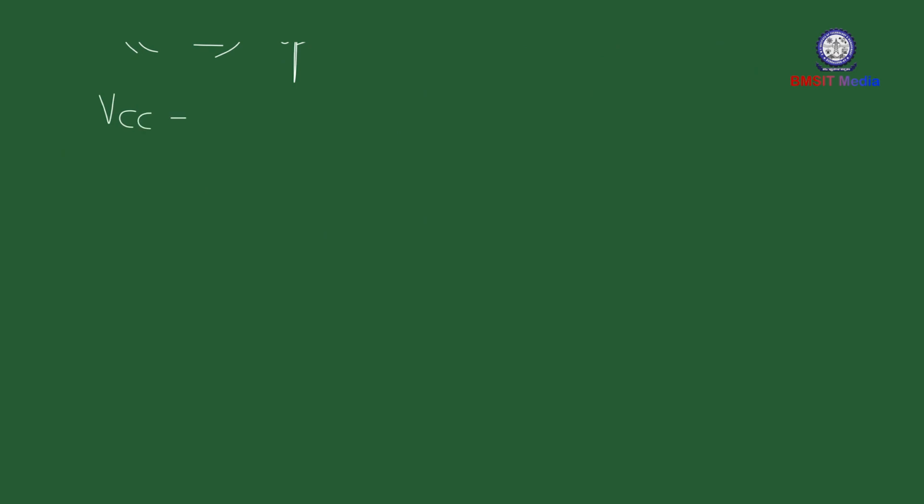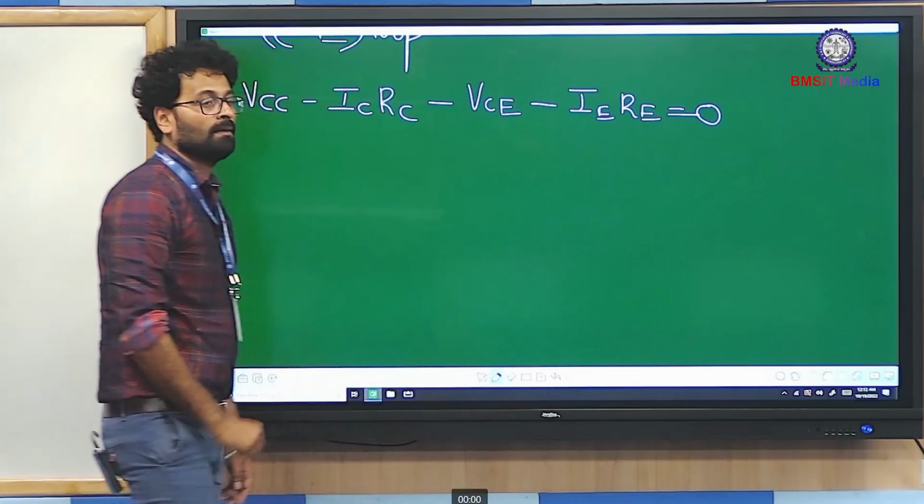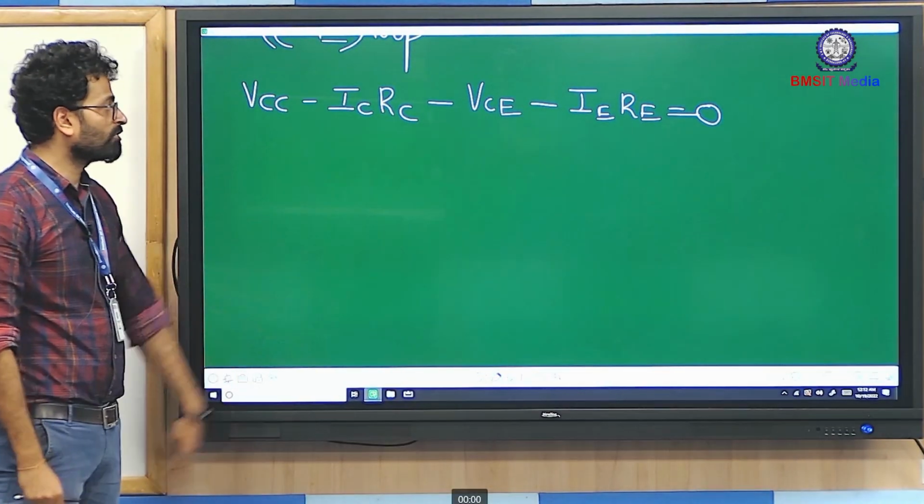So the collector resistor drop is minus IC into RC, and then you have the collector to emitter voltage, and then coming down you have the emitter resistor. Across the emitter resistor there is the emitter voltage drop, which is IE into RE is equal to 0. Now this is your output KVL equation.